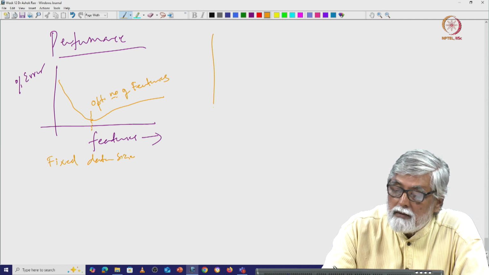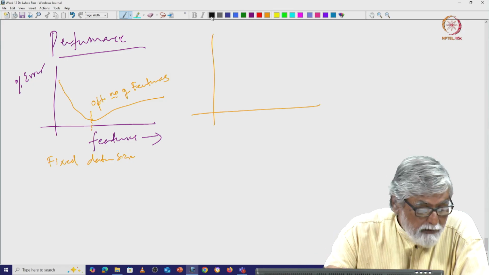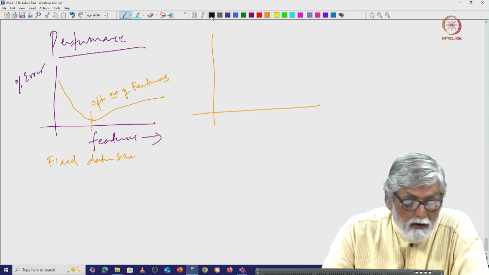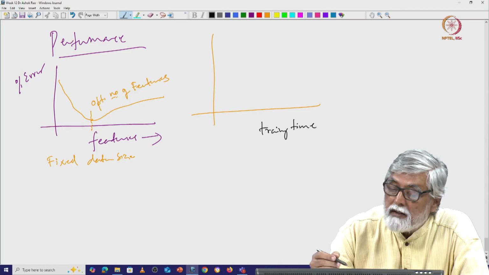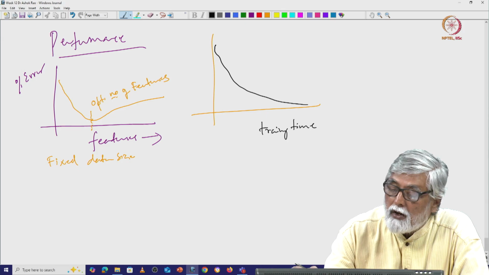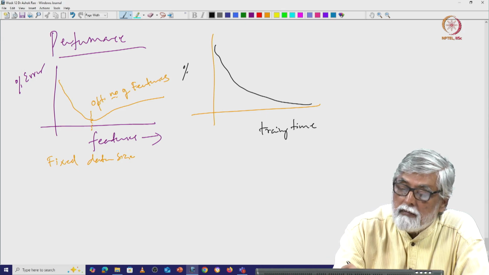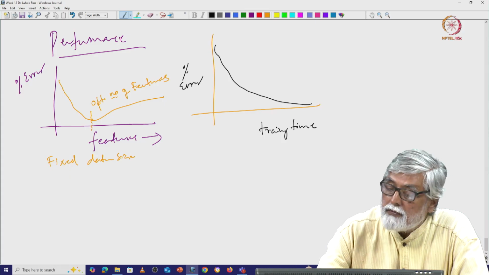Then other issues involved of classifiers is training time. This is number of features. As the training time increases, the error drops. This is for training data.